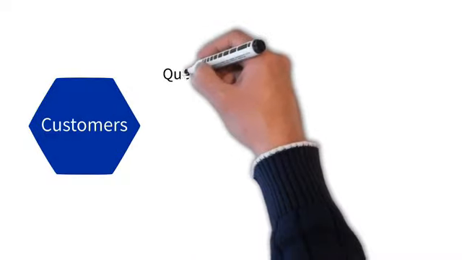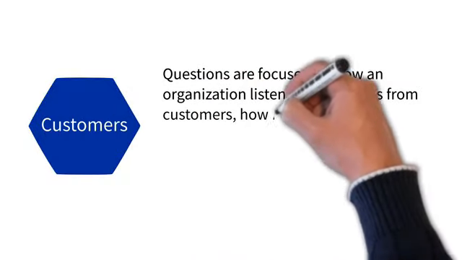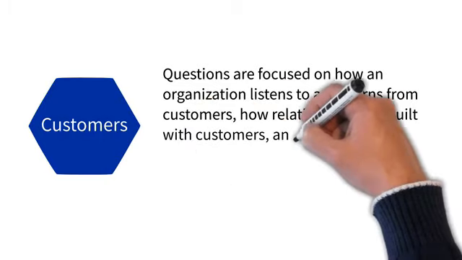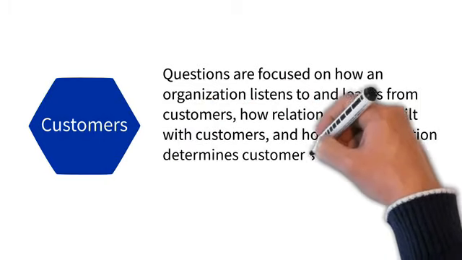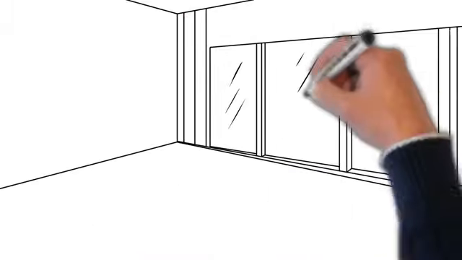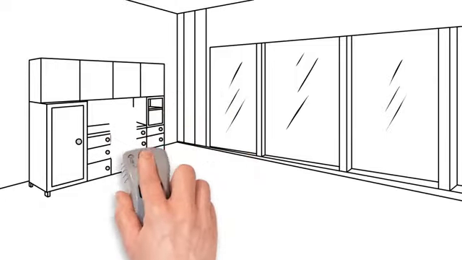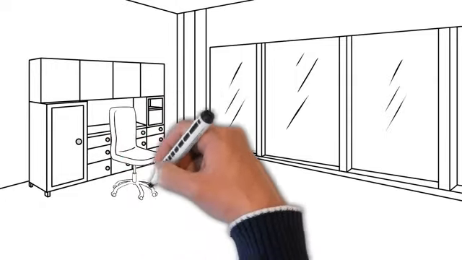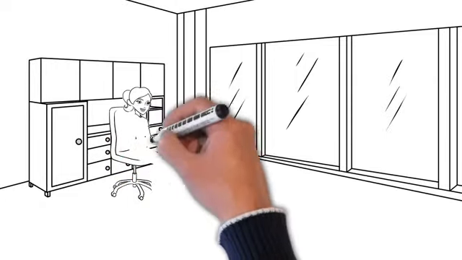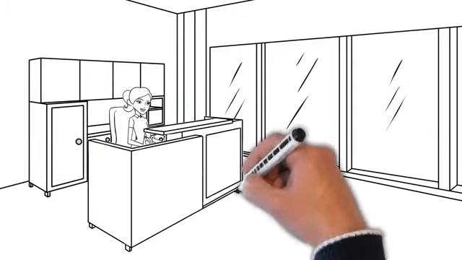In the customers category, questions are focused on how an organization listens to and learns from customers, how relationships are built with customers, and how an organization determines customer satisfaction and engagement. Using the questions in this category as a guide, an organization will identify methods to listen to current, potential, former, and competitors' customers to obtain information that will help them focus on customer preferences as they design products and services.